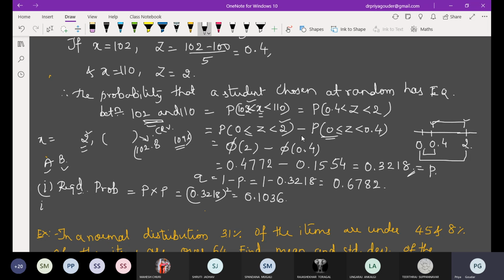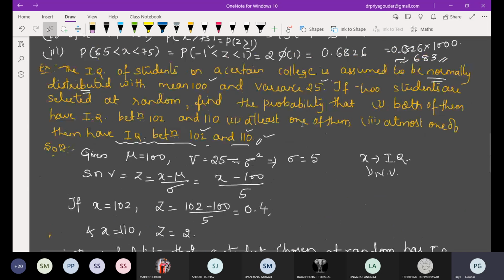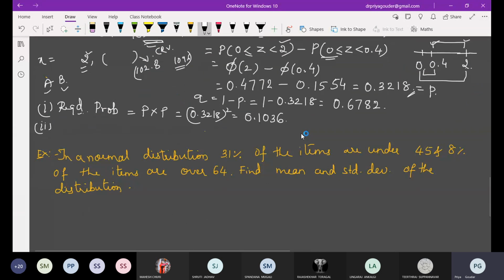What about the second one? See what they have told: at least. The second condition is at least one of them. There are two students, A and B. At least one of them means A or B. The first possibility: if A is having, B doesn't have.